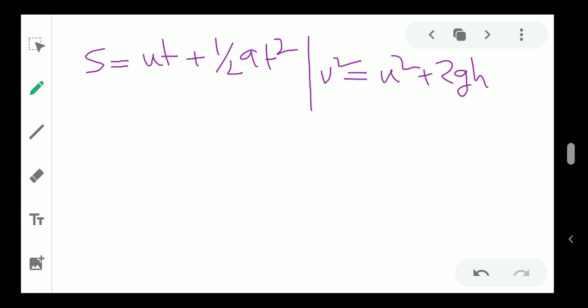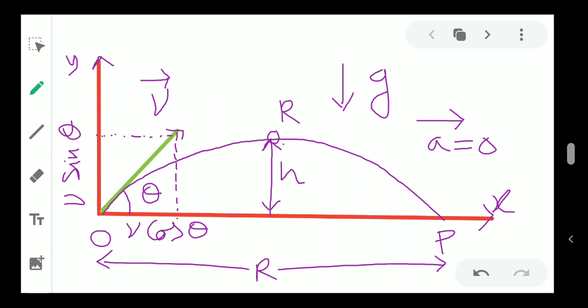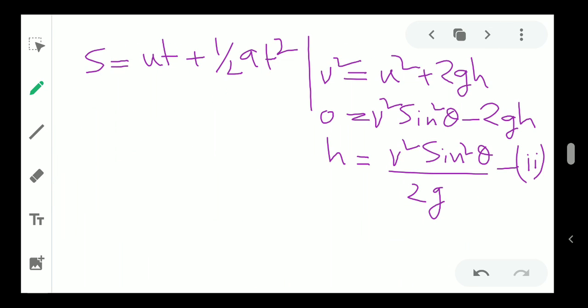So 0 equals v square sine square theta minus 2gh, and I can see that h equals v square sine square theta by 2g. So this is my another finding: the height gained by the projectile is given by this formula.